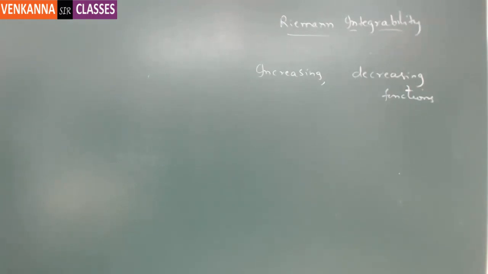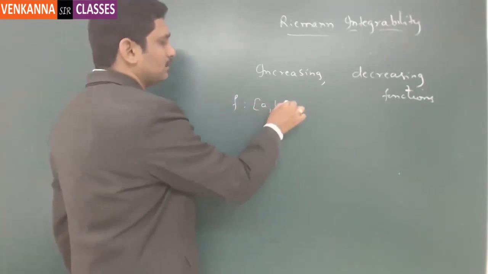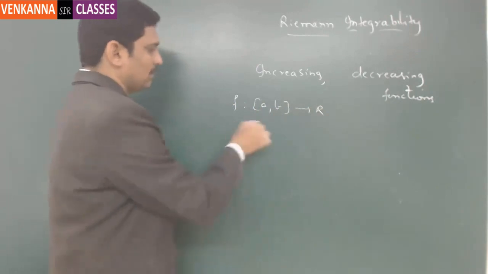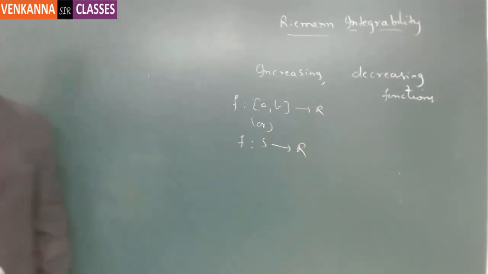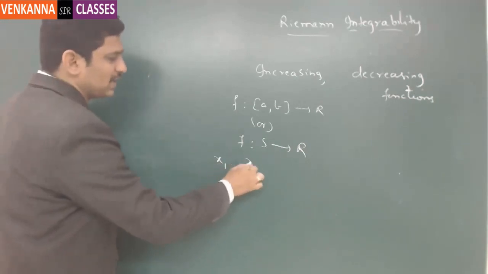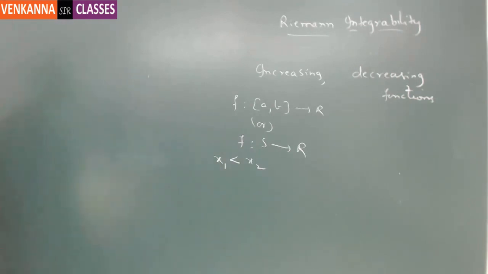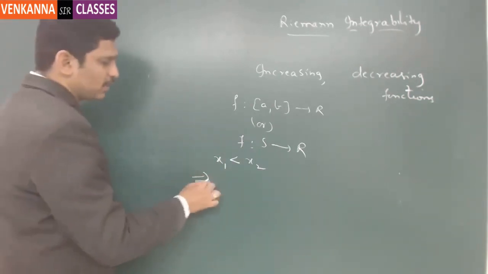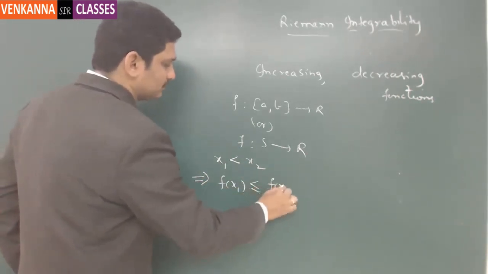Right? Now, suppose we have taken a function from S to R, or you can take a closed interval AB to R. We say that the function is increasing whenever you take two points x1 and x2 such that x1 is less than x2, then the corresponding images f of x1 is less than or equal to f of x2.